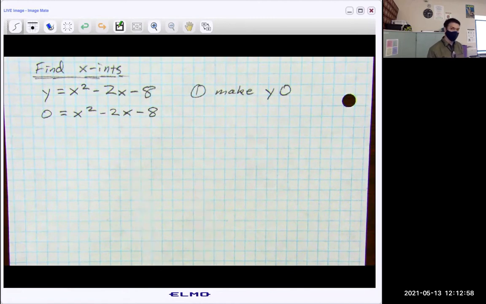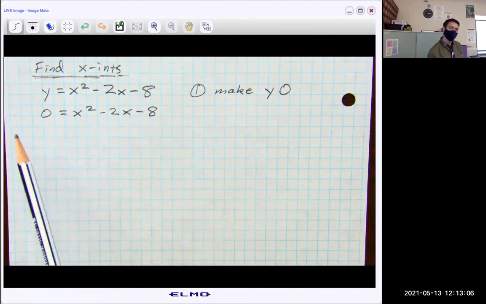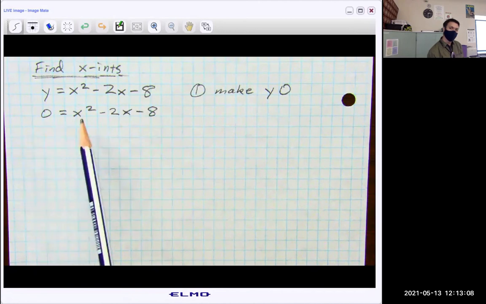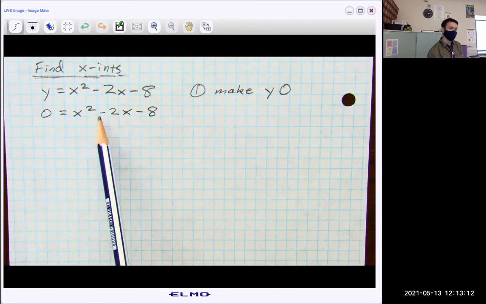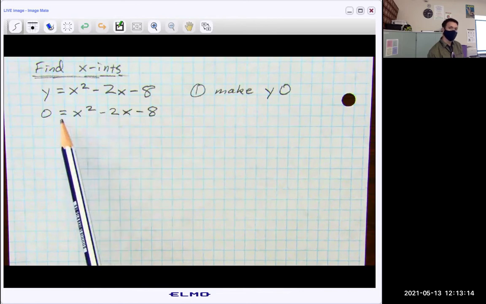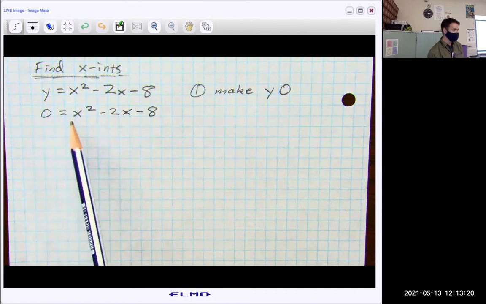But there's a problem. If I try to get x by itself, I would get stuck, because I would add 8 to both sides. And then I have an x squared and a 2x, and I can't combine them. So like I could move the 2x to the other side, but then I have an 8 and an x over there, and then I have an x squared, and you kind of get stuck.